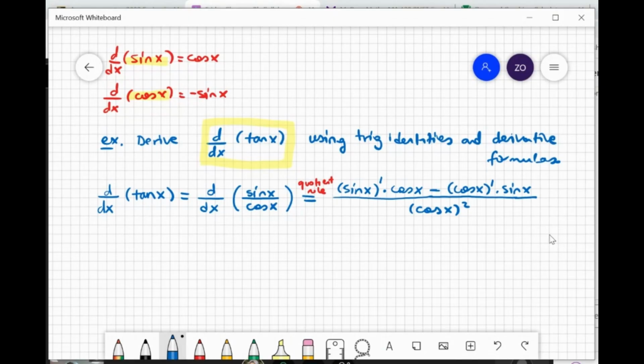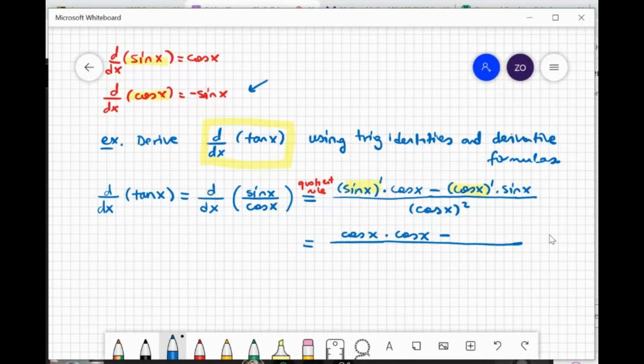So now let's plug in these expressions. What is the derivative of sine? We found the derivative of sine is cosine. Cosine x times cosine x here, right? Minus derivative of cosine. What did we find for that?